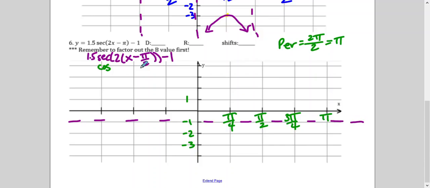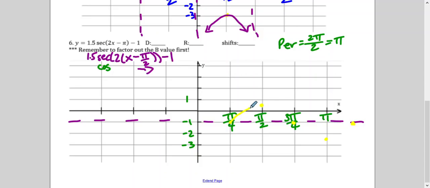Okay, and I'm shifting to the right pi over 2. So cosine would shift right pi over 2, and it would start 1.5 above the midline. So up, midline, and then down 1.5. Now I know I could put another one on the midline up here, but I'd like to have at least 5 points, so I'm going to have to go backwards to the midline.